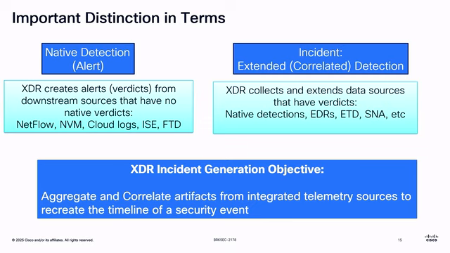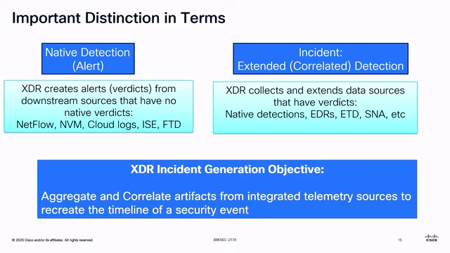We correlate data before we create an incident, and then we enrich it after the incident is created. The incident generation pipeline is centered around creating that correlated or extended detection, which becomes an incident, and it is made up of data that came into the product that has verdicts.